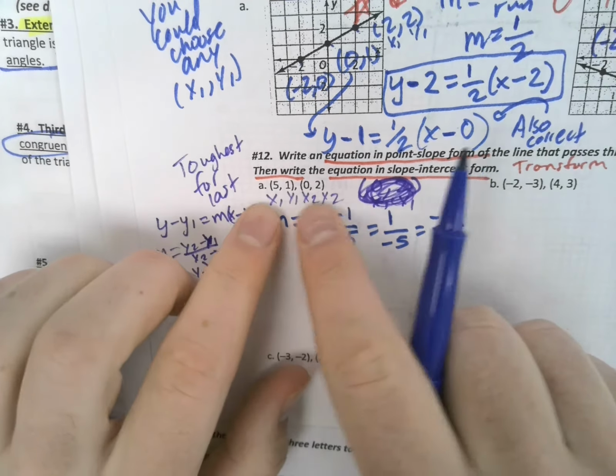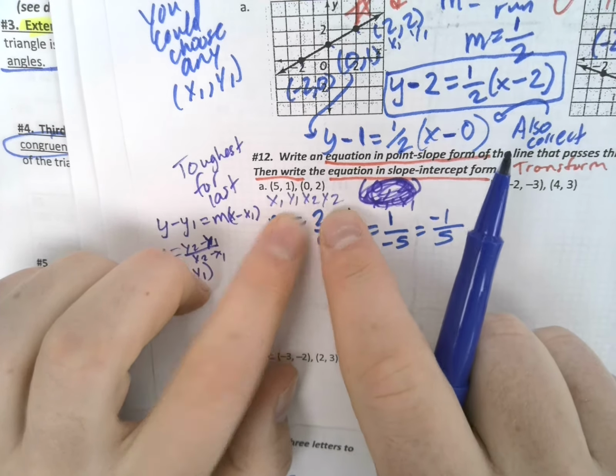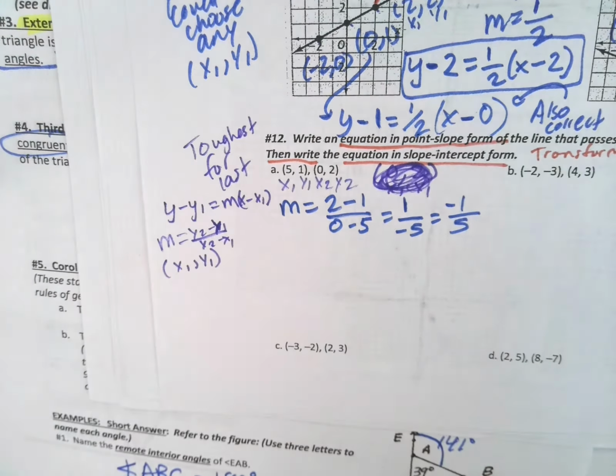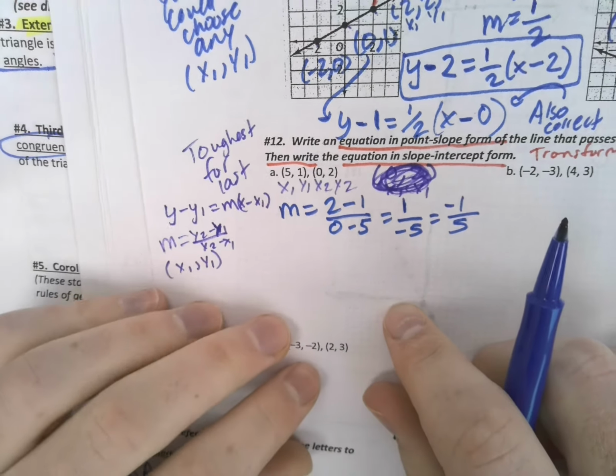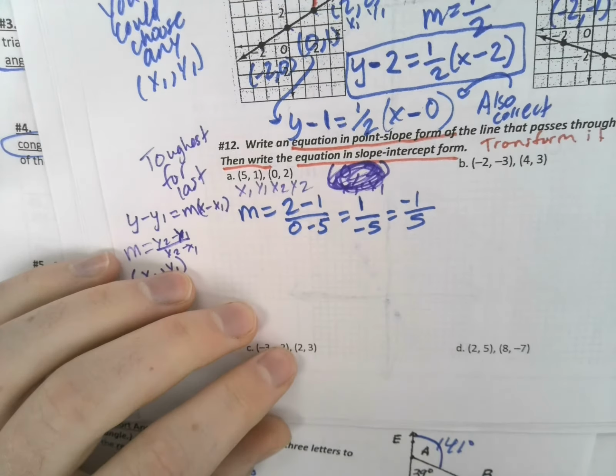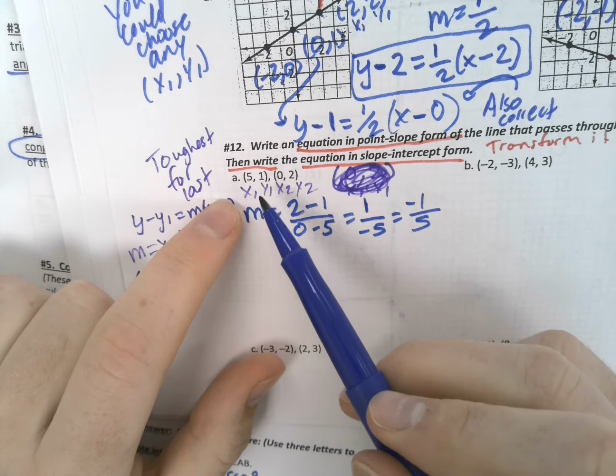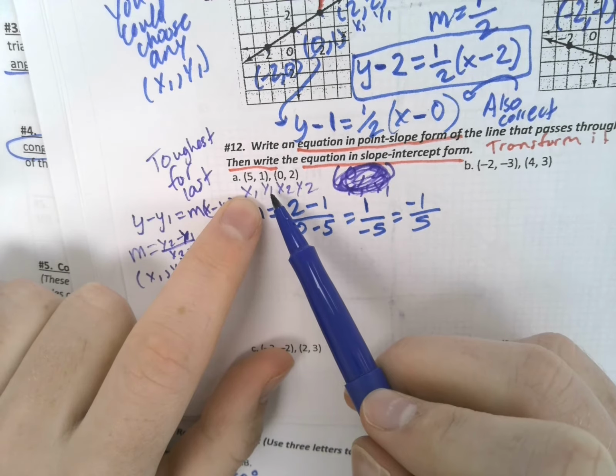Now, I know we labeled them x1, y1, x2, y2, but you could choose either point. Which point would you like to choose? I'll go with the one we labeled x1, y1. You don't have to.